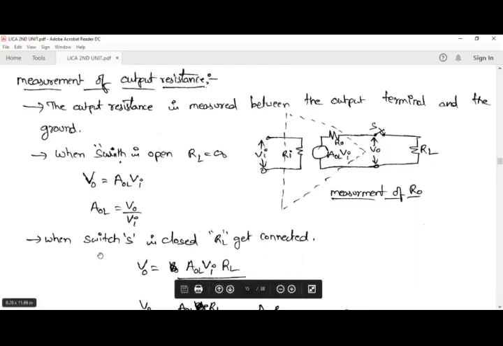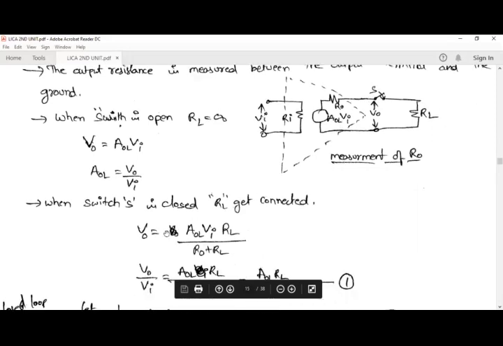When switch S is closed, RL gets connected to this circuit. Then our output voltage will depend upon this RL. That is V naught is equal to AOL into VI into RL divided by R naught plus RL.